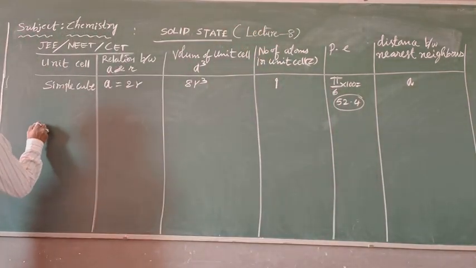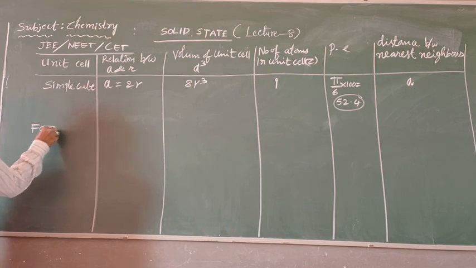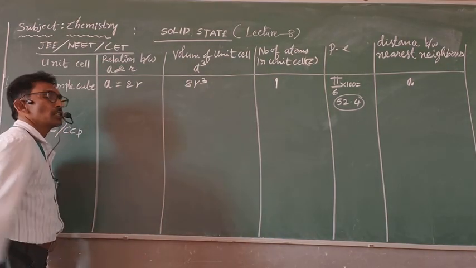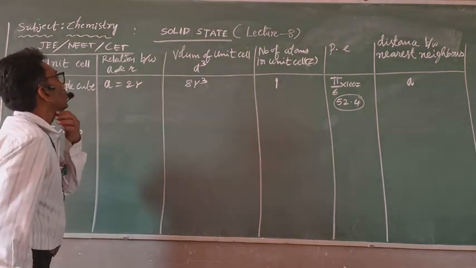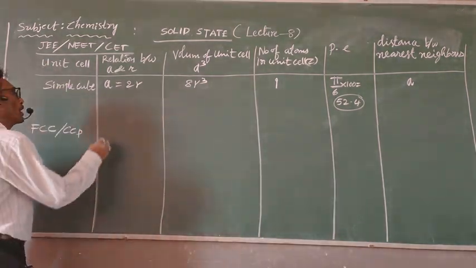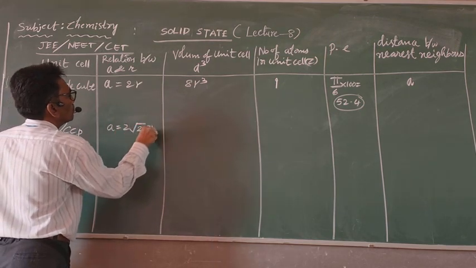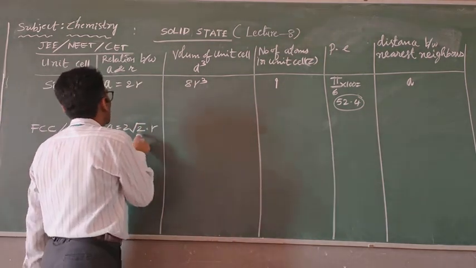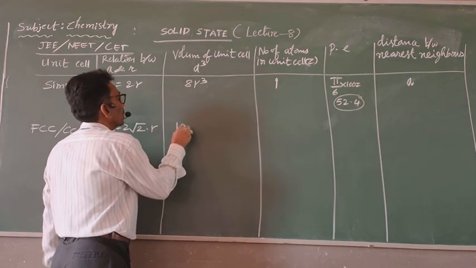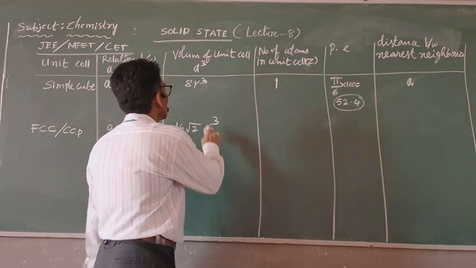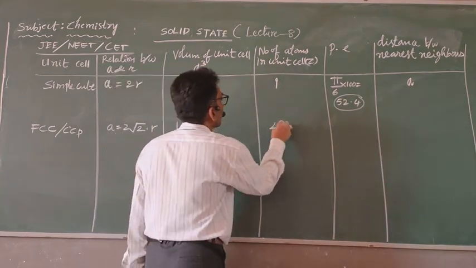Next one is face centered or cubic close packing. Here what is the relation? 4r is equal to root 2 a, a is equal to 2 root 2 r, and volume is 16 root 2 r cube. Next, number of particles is 4.